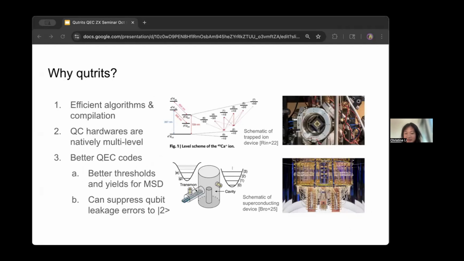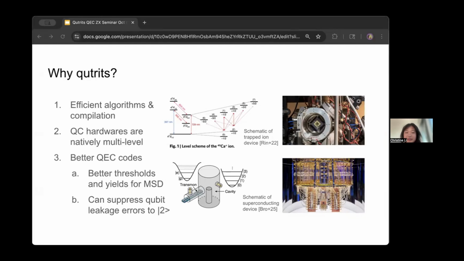And this has a little bit more motivation. Why do we care about qutrits? So higher dimensional systems, like a qutrit, a 3-dimensional system, have advantages over qubits, a 2-level system. So we have a larger local Hilbert space that can give us more efficient algorithms and circuit compilation. And in particular, qutrits can be used to efficiently emulate qubit gates, where we focus on the qubit subspace of the computation.